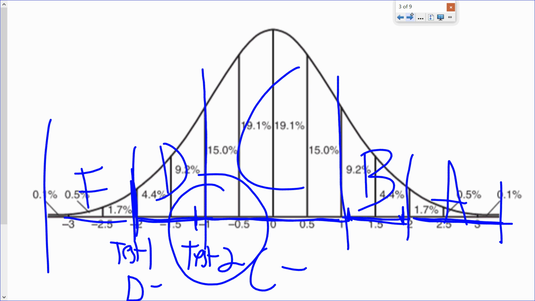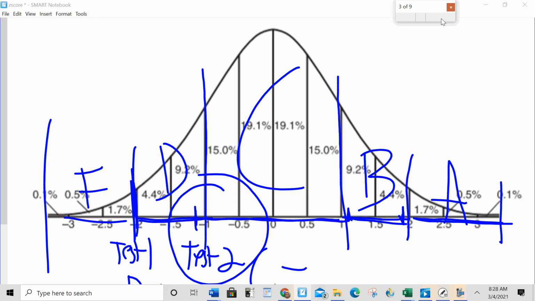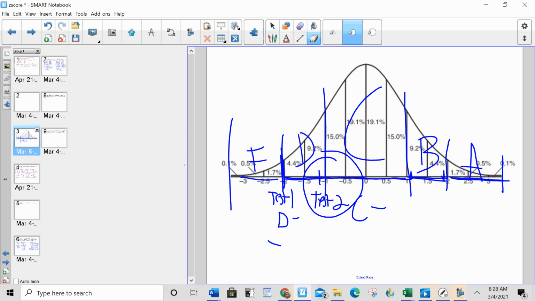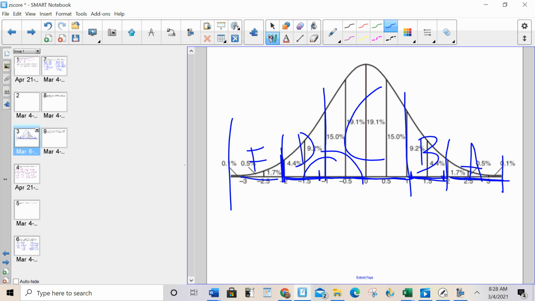Let me erase some of this here. 0.75 would be right here. 0.83 would be right here. I mean, they both probably got a C plus based on that. But, technically, Marissa did better.